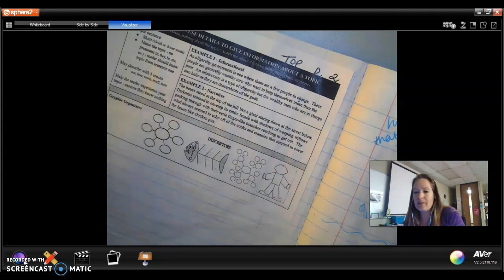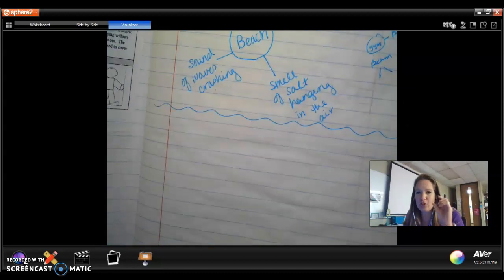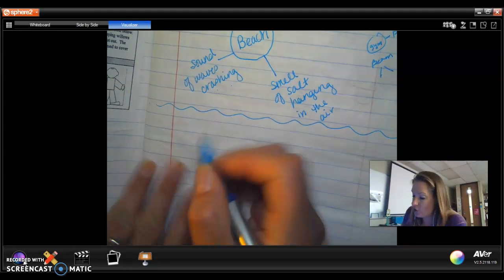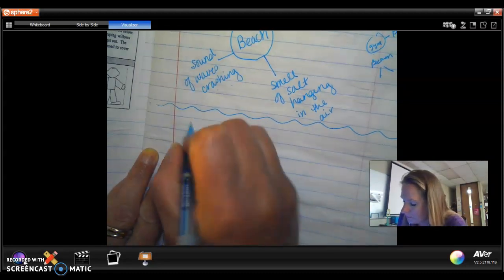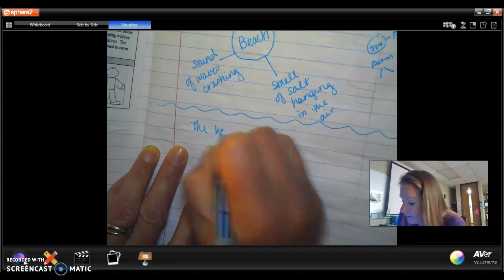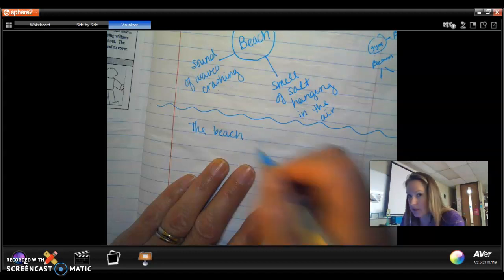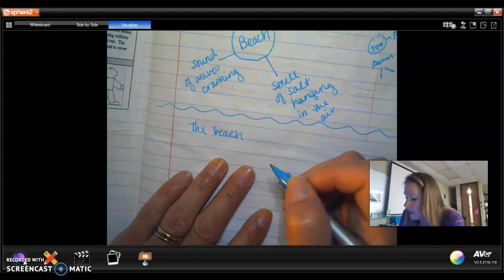Your job as a writer is to make sure your reader is not confused. So your first sentence should be short and sweet, and it should tell the reader what we're doing. If you're writing about basketball, then your first sentence should have the word basketball in it, like basketball is a sport. Or if I'm going to the beach, I could say, oh my goodness, my brain is not functioning yet.